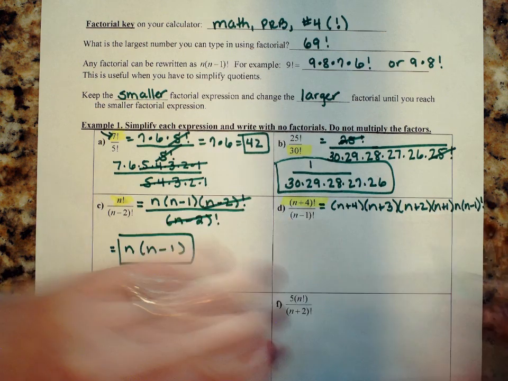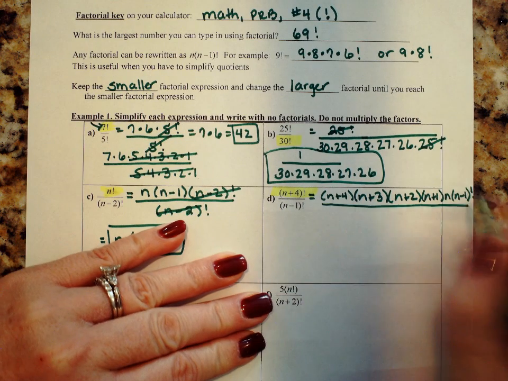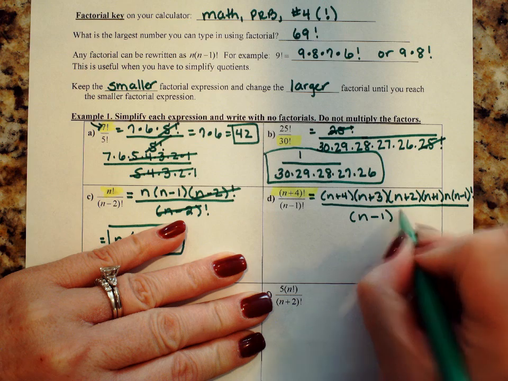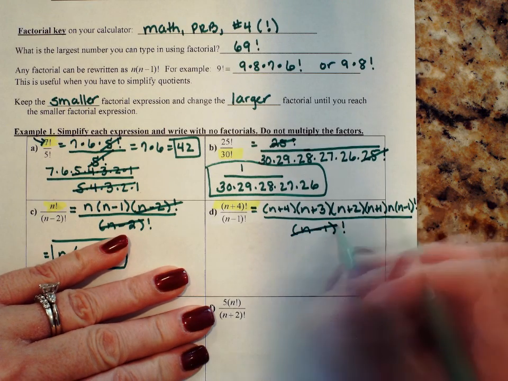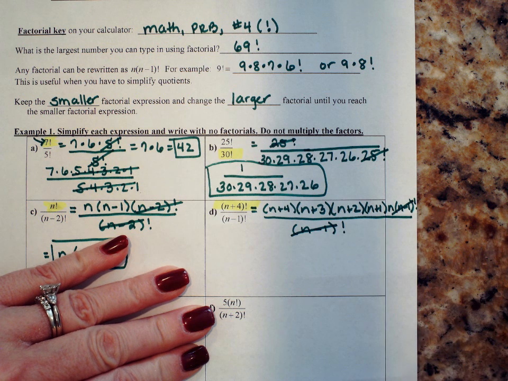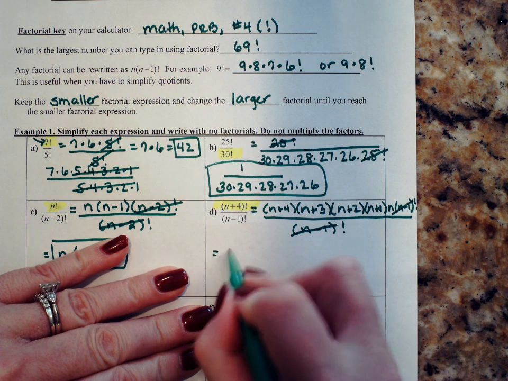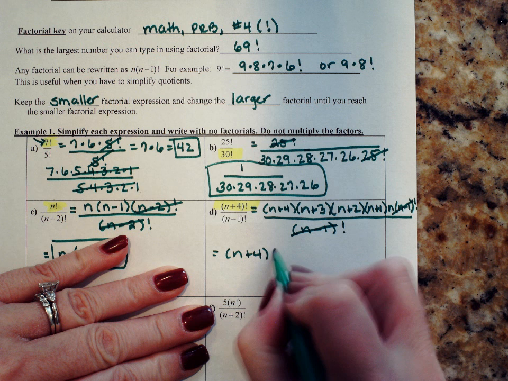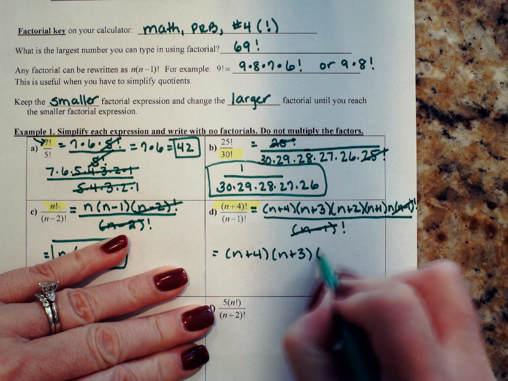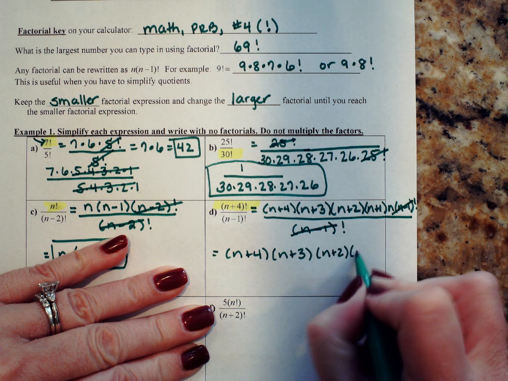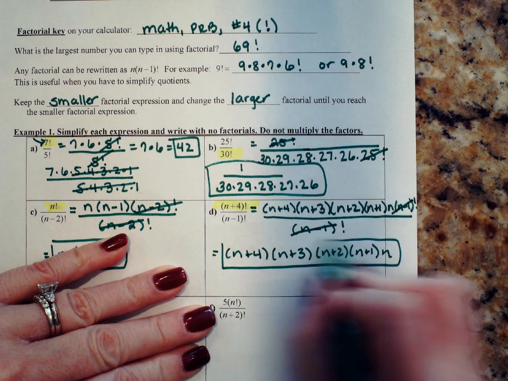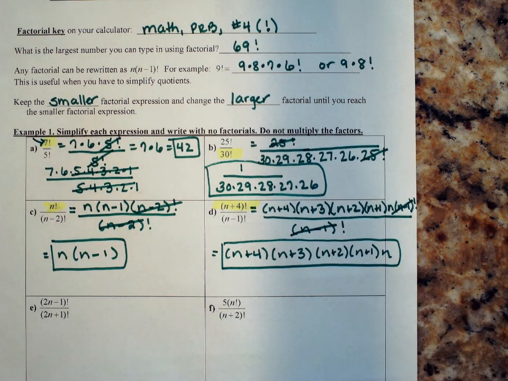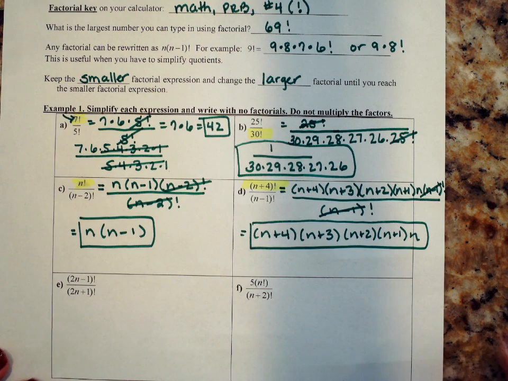Notice all I'm doing is subtracting 1 to find its previous number, divided by n minus 1 factorial. So I can cross out the n minus 1 factorials. I'm left with n plus 4 times n plus 3 times n plus 2 times n plus 1 times n. So that's how you simplify factorials involving variables.